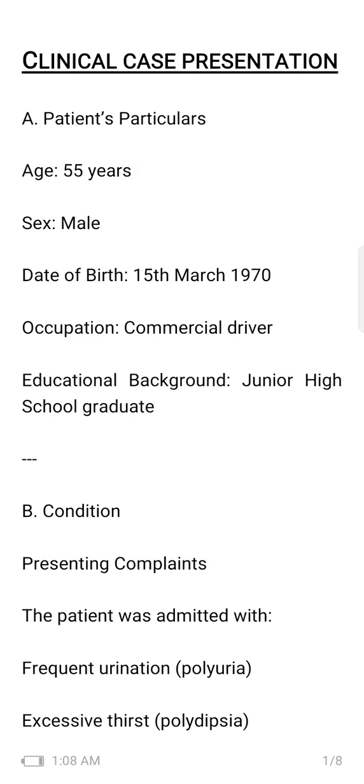A case presentation is a structured way to describe a patient's medical situation, often used in a clinical or educational setting.